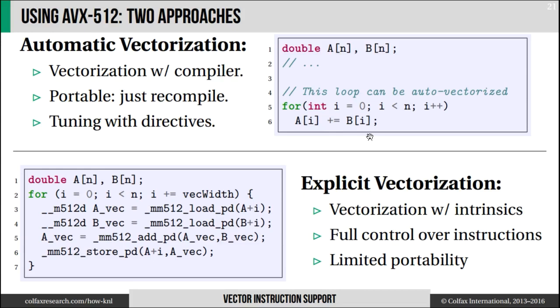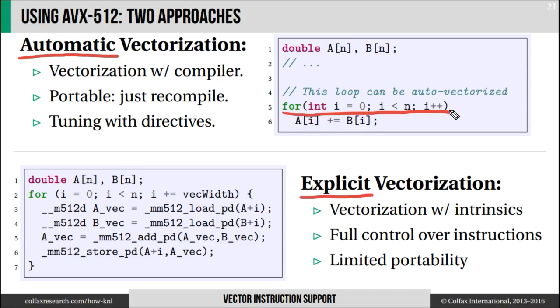To make your code use vector instructions, you have a choice of 2 approaches. You can do automatic vectorization or explicit vectorization. With automatic vectorization, you will express your code with scalar instructions using loops, SIMD-enabled functions, and array notation.